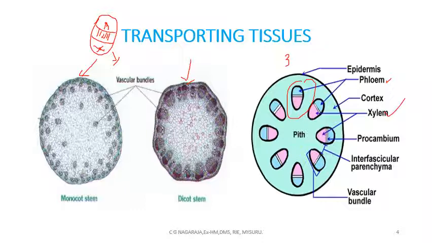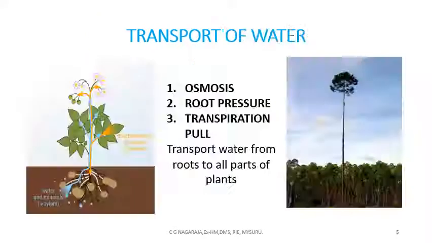That we will not get into right now. But what you should know right now is that the transporting tissues consist of xylem and phloem. Xylem is helpful in conducting water. Phloem is helpful in transporting or translocating food material.